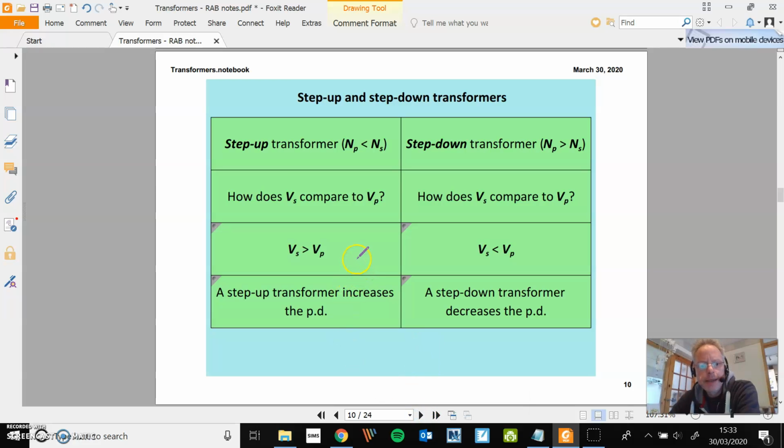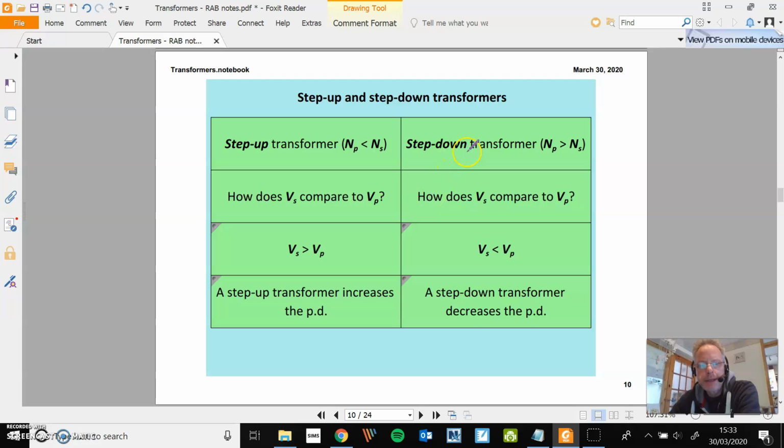Okay, so what I hope you've realized is that if there's more turns on the secondary than on the primary, then the voltage, the potential difference on the secondary is higher than on the primary. So the step-up transformer increases the size of the PD we get out of the transformer.